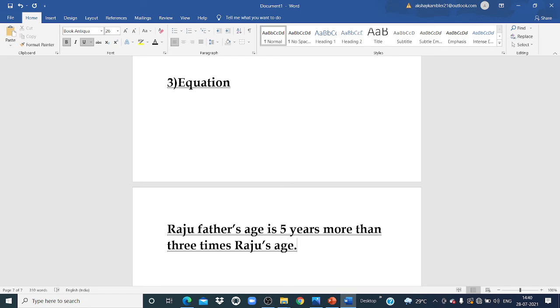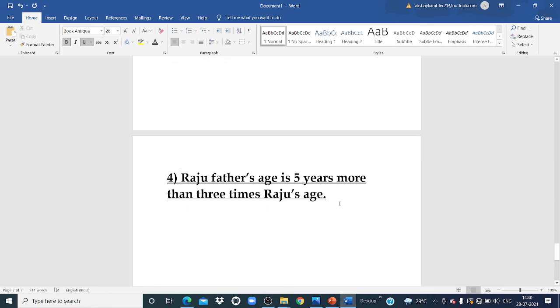What are they telling about? Raju's father's age. I will write example number 4. Raju's father's age is 5 years more than 3 times Raju's age.